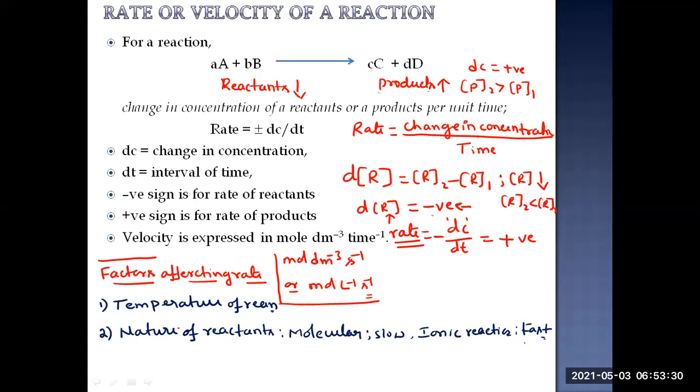Like for example, neutralization. Sodium hydroxide is mixed with HCl. So salt and water will be formed. It will be instantaneous. Okay, so that's how nature of reactions also affects them. Which is the other factor? Anybody else? Concentration.